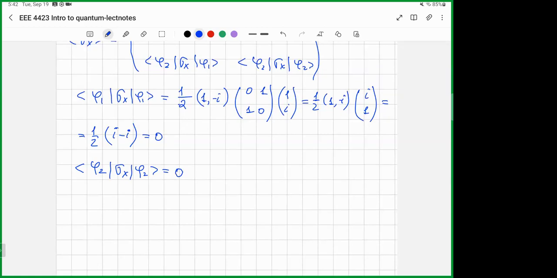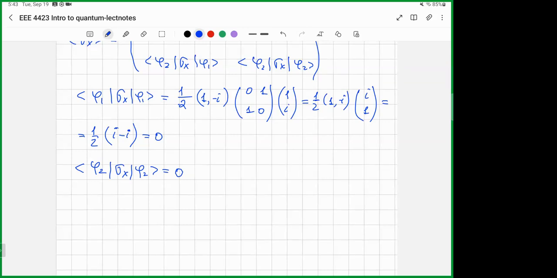And when this situation appears, it simply means that this observable cannot be measured in this particular state. Okay, so the result is 0. So you measure nothing.